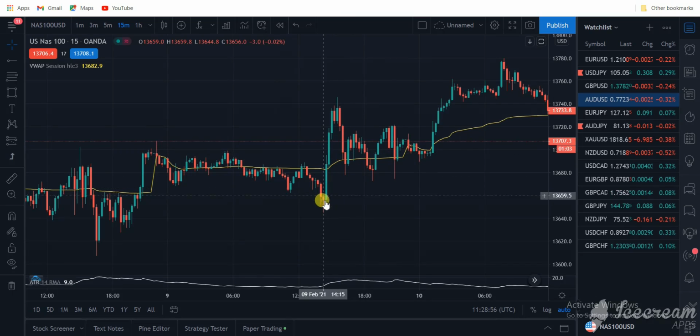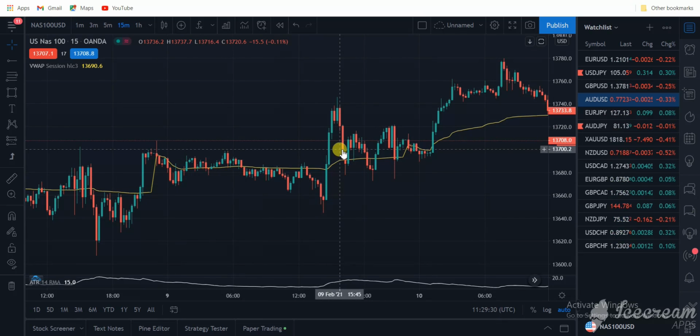Clearly the market broke out with this strong candlestick at this point, and this is where the market retraced from. The market broke out at this point and retraced at this point. You can see this strong retracement, these three strong candlesticks. Here you can see there's a breakout at this point, but the retracement is too weak. So we want to see a breakout and a strong retracement back to the VWAP line. That's the criteria, that's the rules of this strategy.